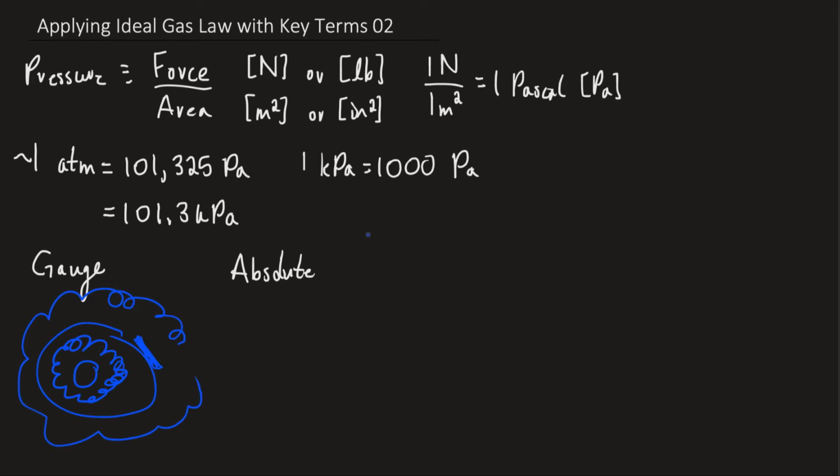And to get absolute pressure, you take this gauge pressure and you add back the surrounding pressure. Great, this is it for pressure.